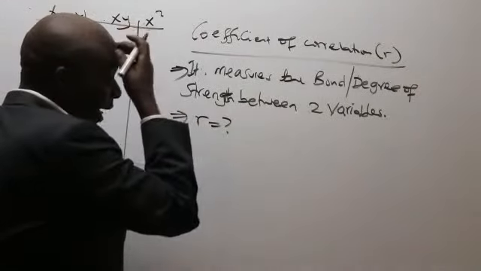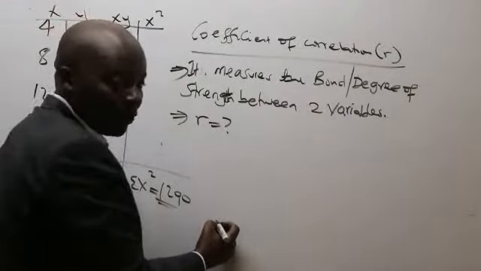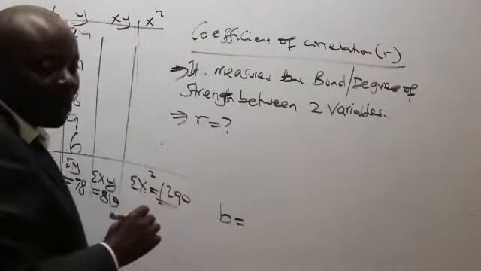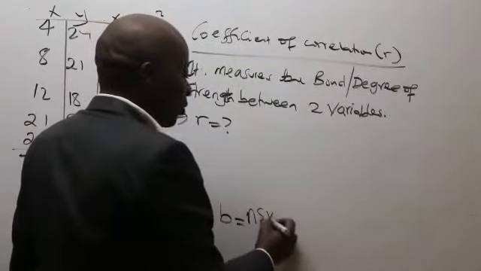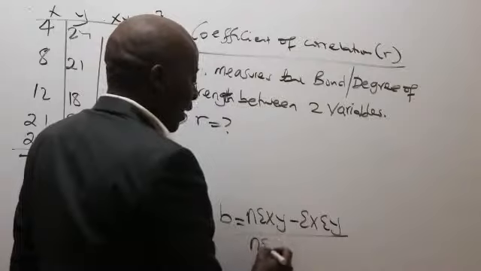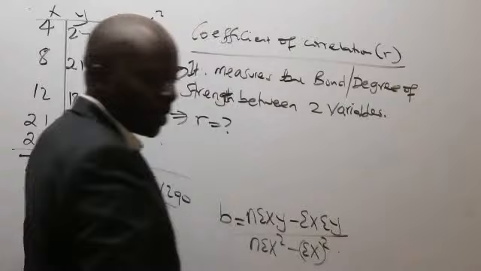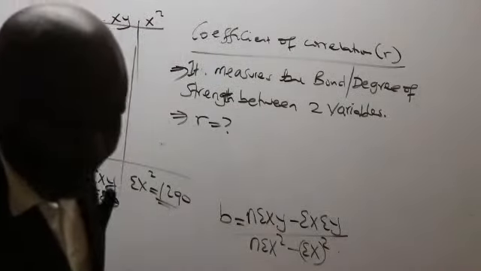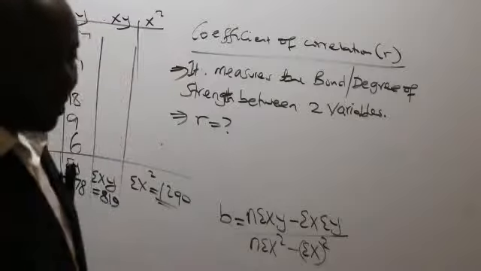To calculate R, the coefficient of correlation, this R is very close to the formula of B. If you tell me the formula of B, then I'll be able to give you the formula of R very easily. The formula of B, we recall, is n summation of xy minus sum of x, sum of y, all over n sum of x squared minus sum of x, squared.